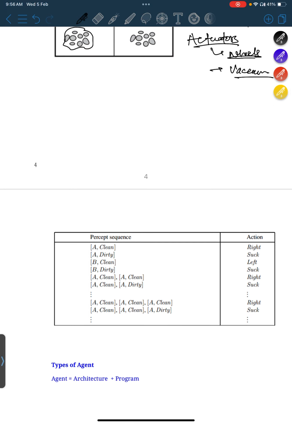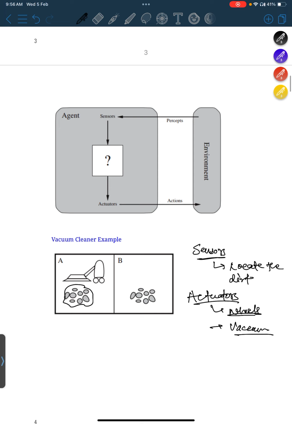Based on whatever input it has taken, so this is the input part, whatever input the AI agent takes, it will generate some output or actions based on this. So based on what input, what actions to choose, this mapping is done inside the brain of the agent, or you can think of it as the program part of the agent, the computer program.